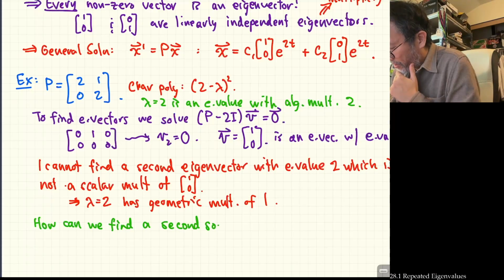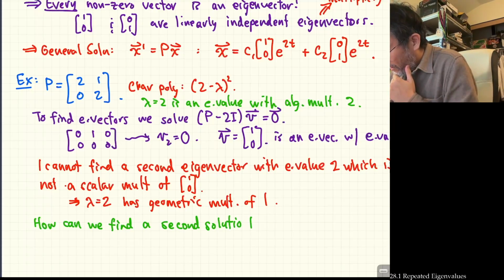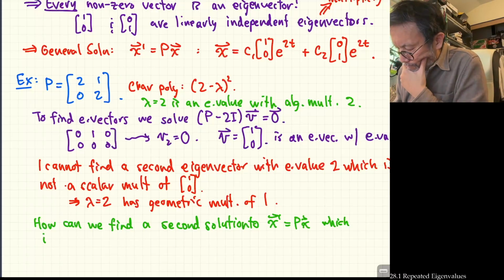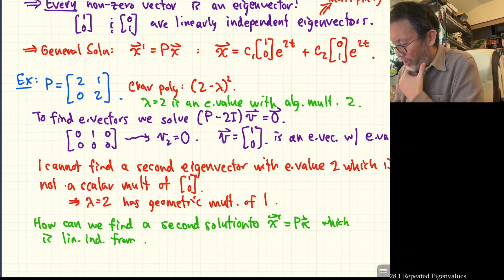A second solution to x prime equals Px, which is linearly independent from the solution that we know. The solution that we know is (1, 0) times e to the 2t.